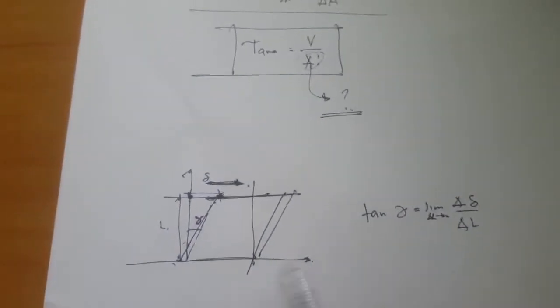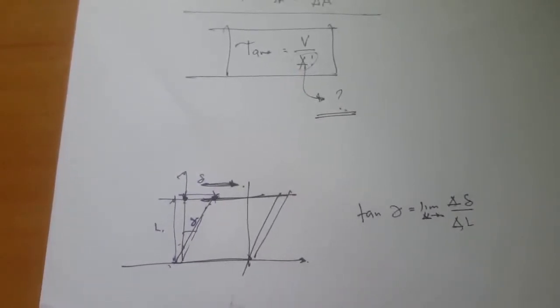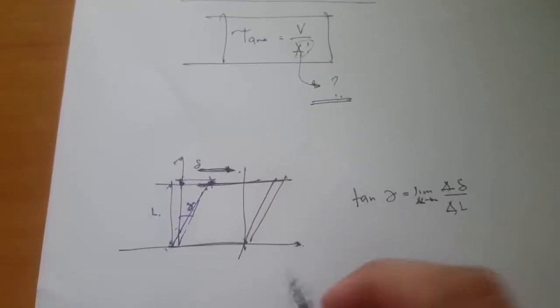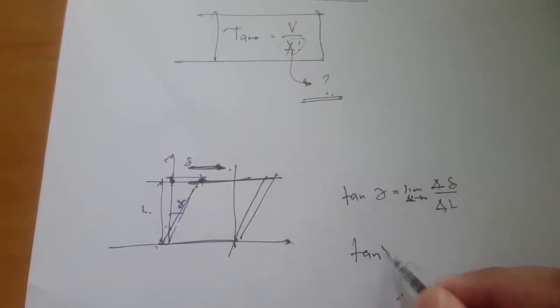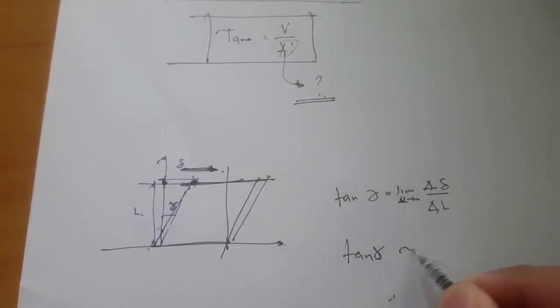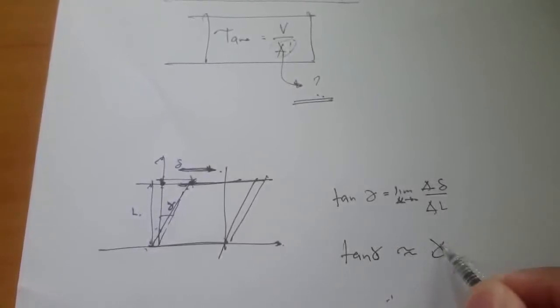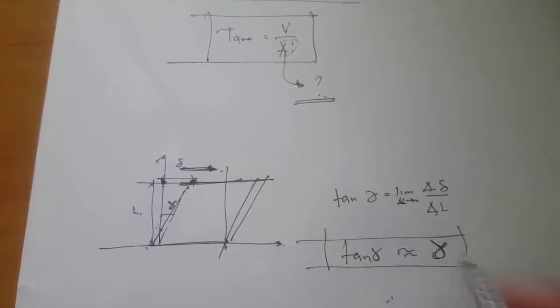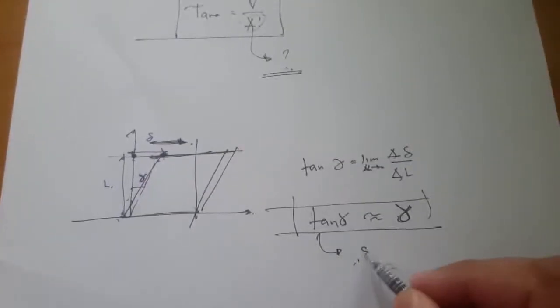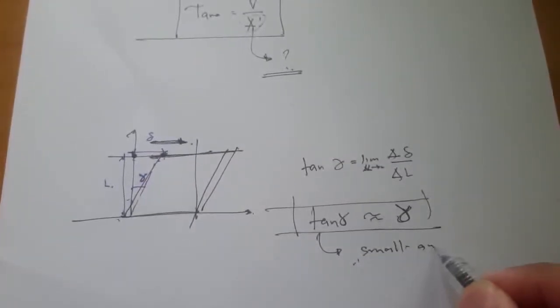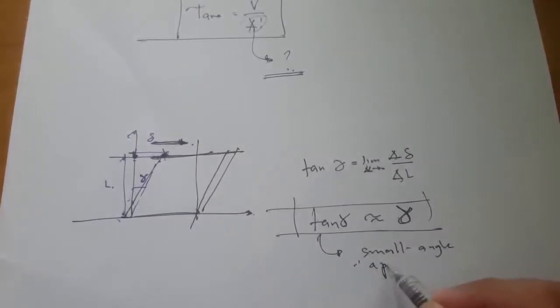However, since most of the time you are dealing with small angles, this tangent gamma is approximately equal to gamma itself. So just take note of this: this is the small angle approximation.